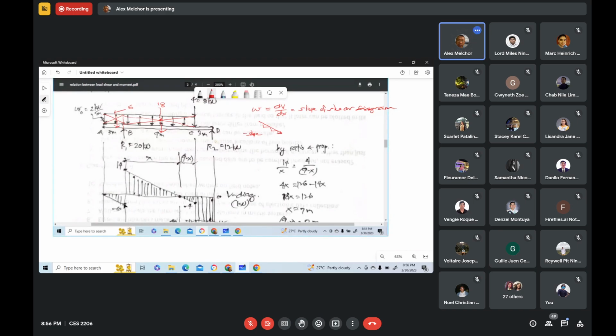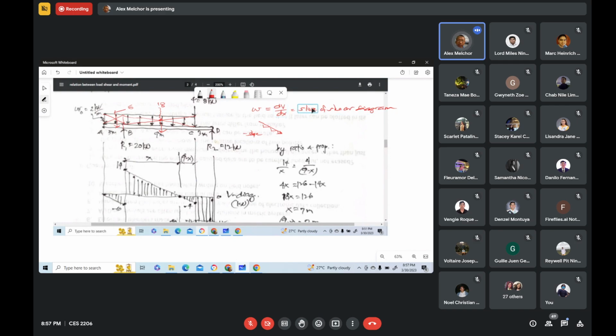Okay. Then there is an abrupt rise of the shear because of that force. Then from that point to that point, from B to C, we have negative intensity of the load because that's downward and constant intensity of the load. So we have negative constant intensity of the load corresponds to a negative constant slope of shear diagram.